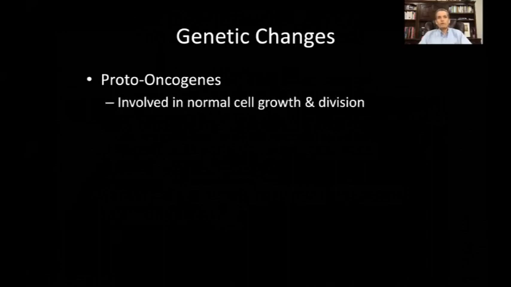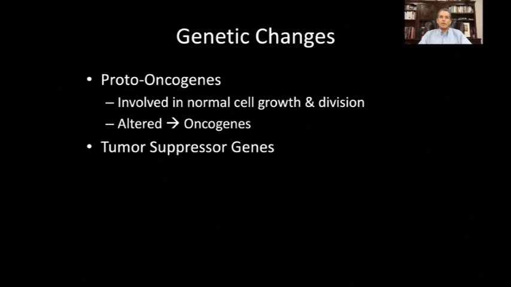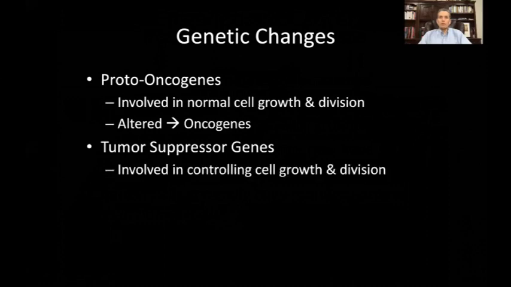These are genes that are involved in normal cell growth and normal division. When they become mutated, then they turn into oncogenes. Oncogenes means cancer-causing genes. You have tumor suppressor genes. You have genes that are there to suppress abnormal growth or replication of cells. And those are involved in controlling cell growth and division, but when they get altered, then your cells divide uncontrollably.